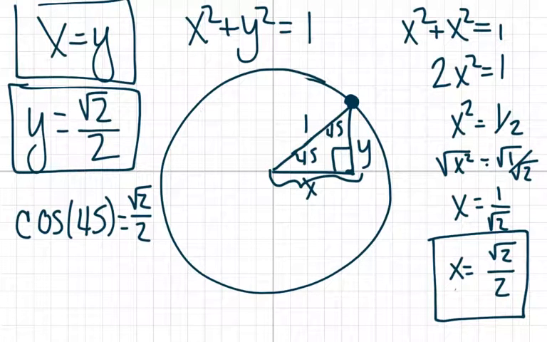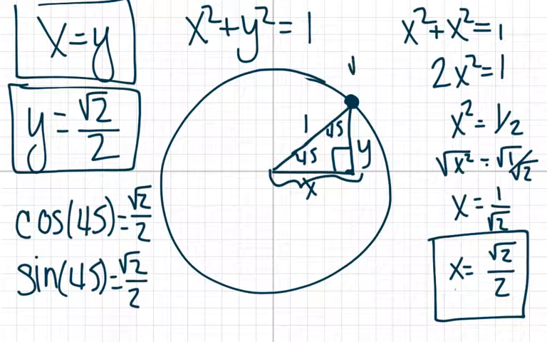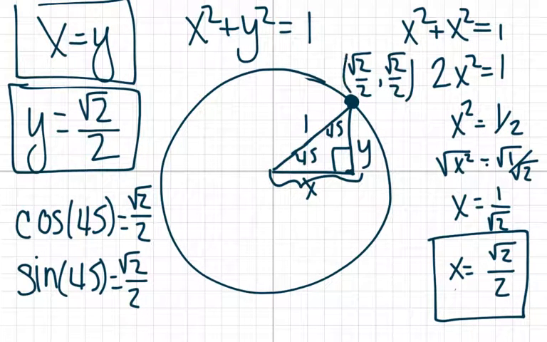And then we defined our sine of theta to be the y-coordinate, so sine of 45 degrees is also root 2 over 2. So that's the coordinates of this point right here: root 2 over 2, comma, root 2 over 2.